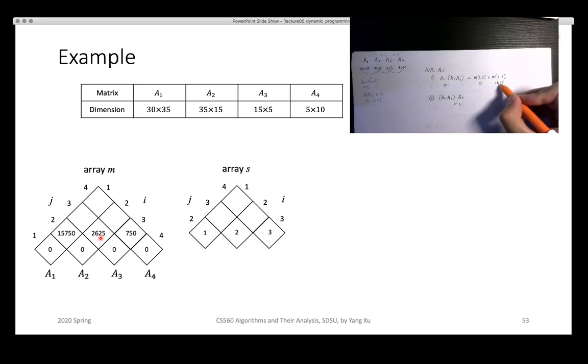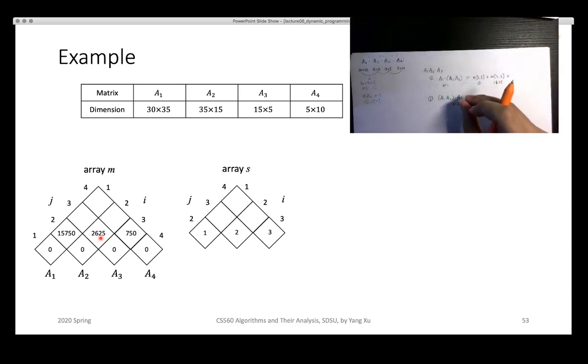So we just look at the table and retrieve that value, and we need to add the additional cost of multiplying the two resulting matrices together, which is P0 times P1 times P3.